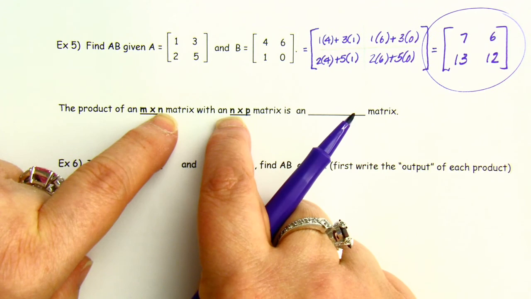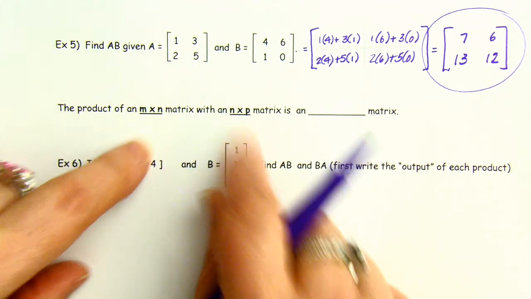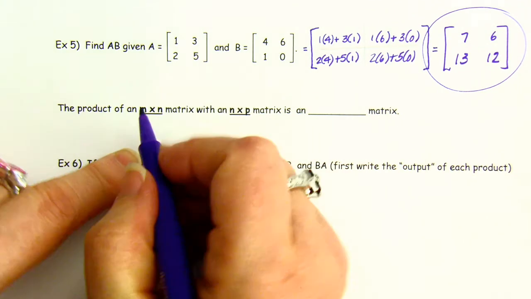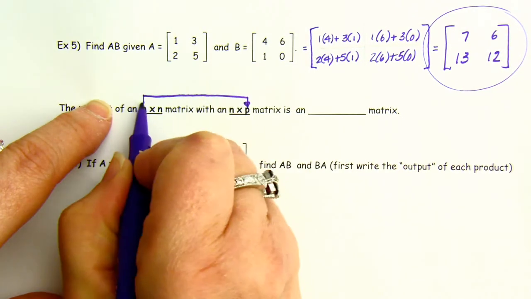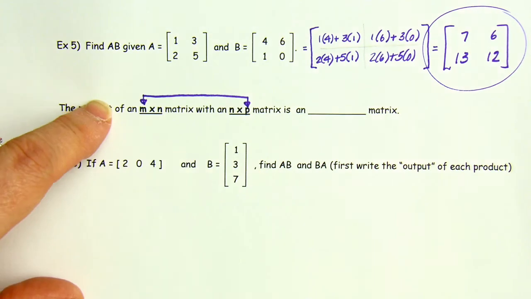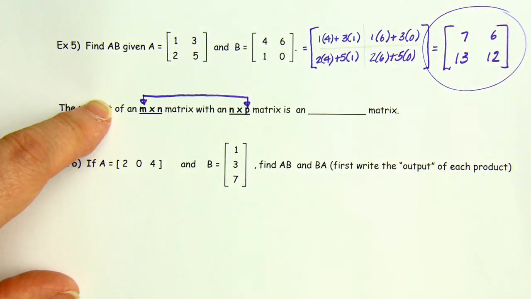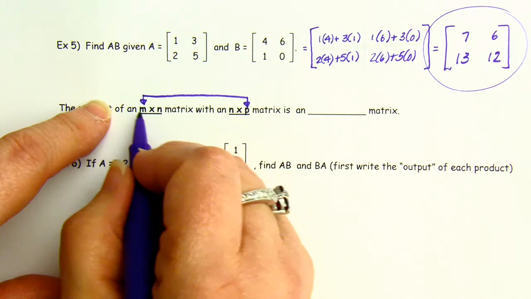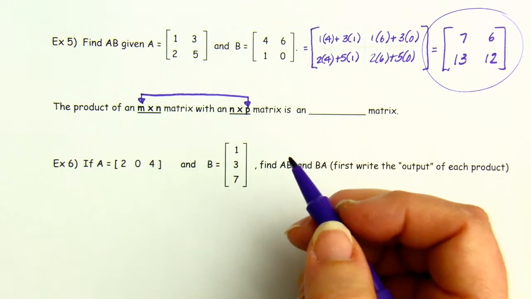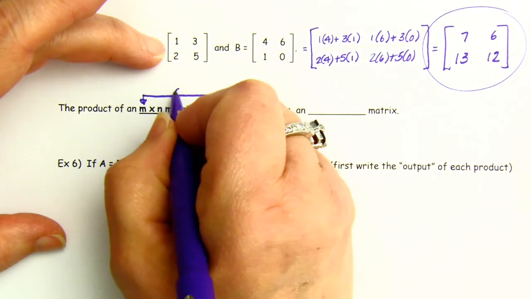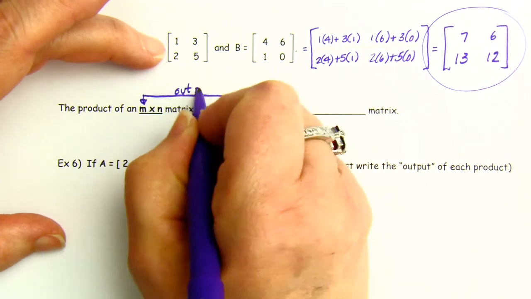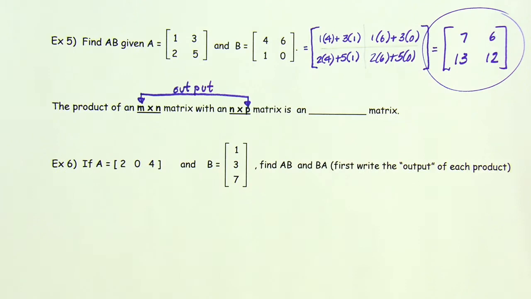So when I multiply an M by N with an N by P, my output is going to be an M by P. Now, realize when we're multiplying matrices, you're not going to have M's and N's and P's. They're going to be numbers, like a 2 by 2 with a 3 by 4. So the outside ones are the output size matrix.